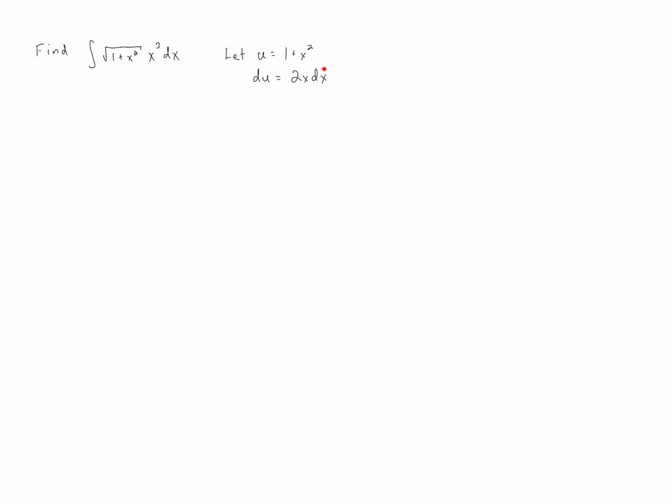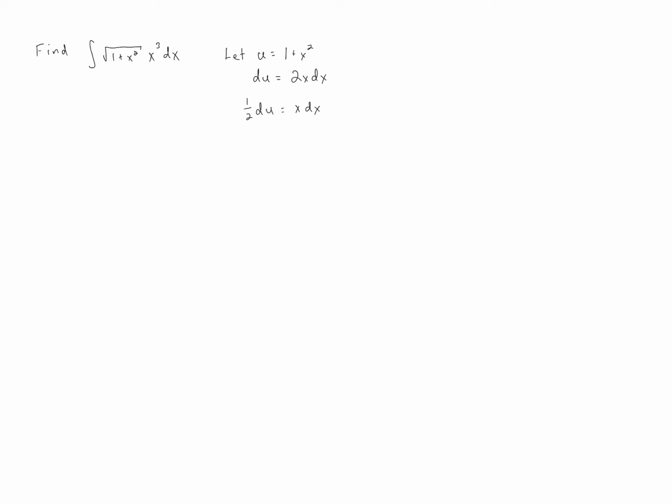We don't have 2x dx in our integrand. We don't even have x dx. If we wanted to divide both sides by 2 and write this as 1/2 du equals x dx, then it still doesn't really work out because we've got x cubed dx, but we need x dx.